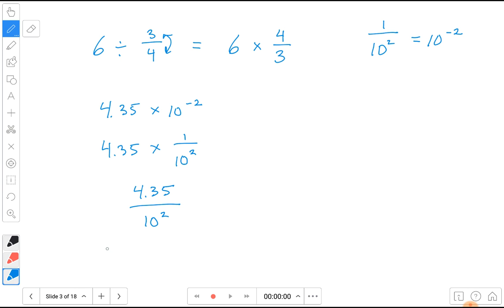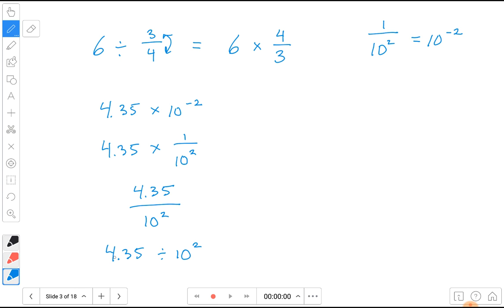So this now means 4.35 divided by 10 squared. So that's why we did this example over here. When we divide by a fraction, we're actually saying multiply by the reciprocal. Where here we have multiply by a fraction, we're going the other way, divide by the reciprocal, right? This is 10 squared, this is 1 over 10 squared. These are the reciprocal of each other, okay?